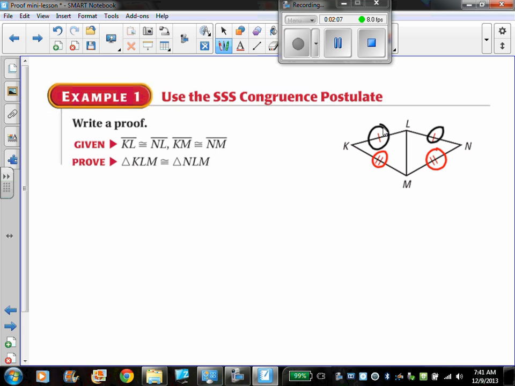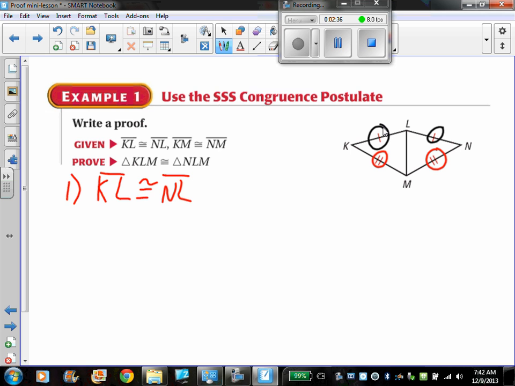So, what we're going to do is have a three-step process. Why 3 steps? Because in order to use side, side, side, we need to show that 3 sides are congruent. So, first step. Well, actually the first 2 steps on this one are going to be pretty easy. First step we can do is we can say that KL is congruent to NL.